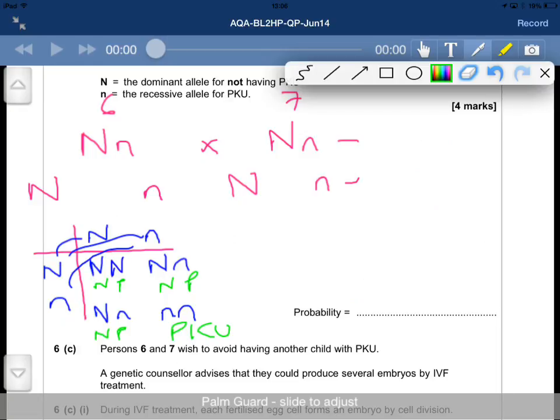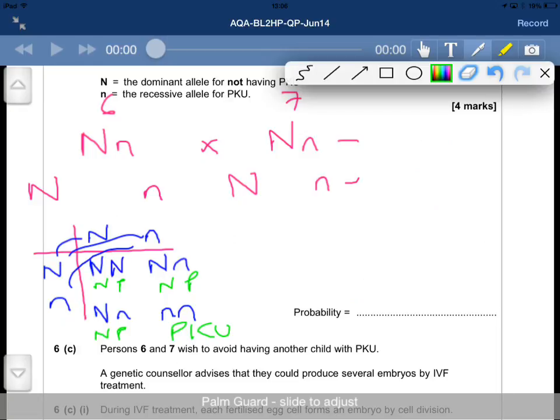That's what's seen, for example blue eyes or having PKU. And then 4, we do the probability. So they are the 4 marks that we're picking up, and they're the things you should be looking to include in a question like this.